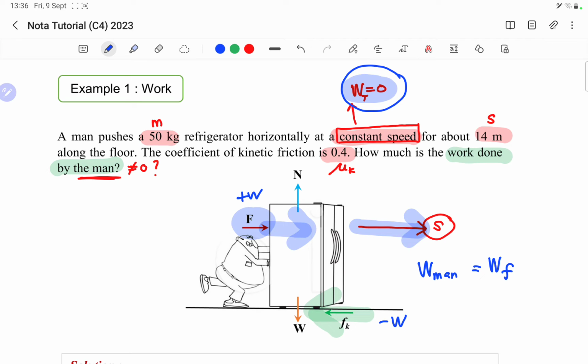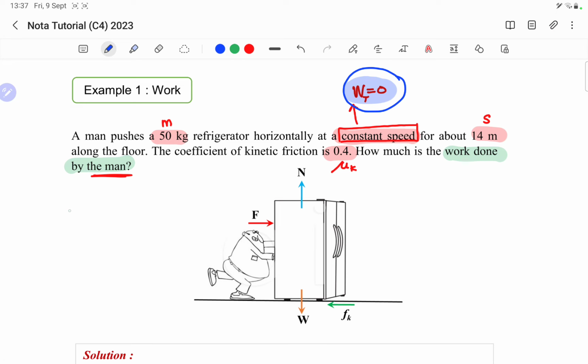The question is asking you to calculate the work done by the man, so don't directly write 0, because 0 is not the answer for the work done by the man. The work done by the man equals the external force applied by the man times the displacement times cos theta.